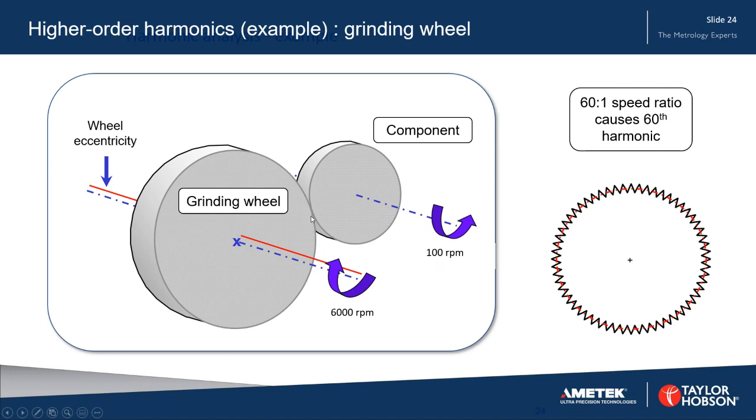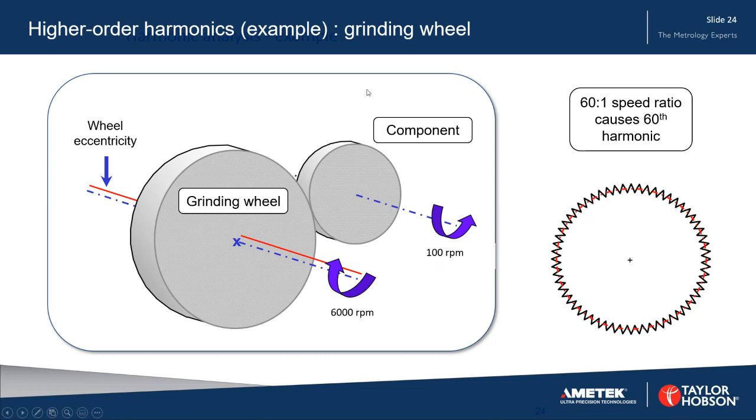The shape of the grinding wheel actually gets indented onto the component 60 times. Now, looking at this profile here, it looks as if you can't really see that concave indentation, due to the shape of the grinding wheel. But in reality, because we've magnified this surface so much, but we haven't magnified the radius, it ends up looking as a sort of triangular shape.